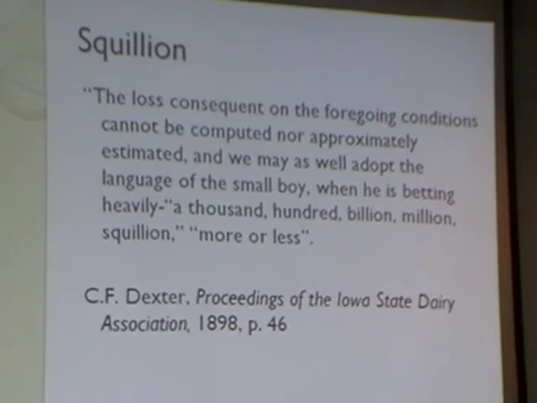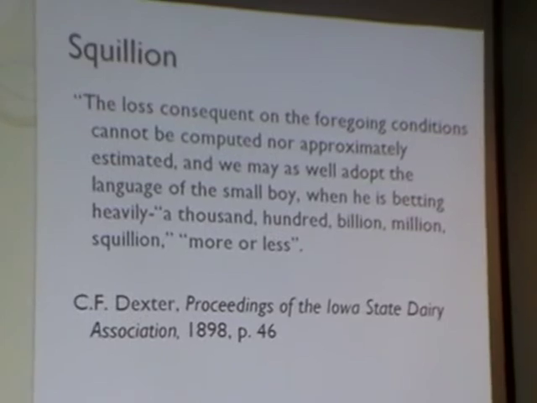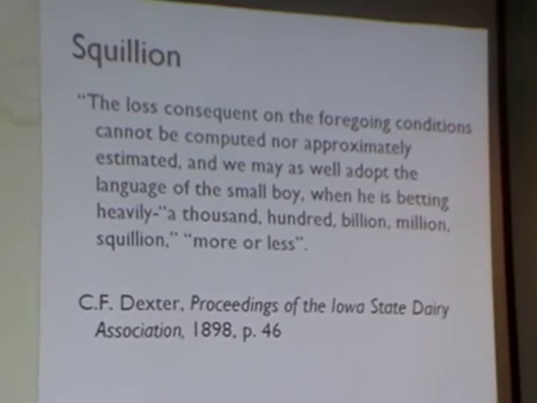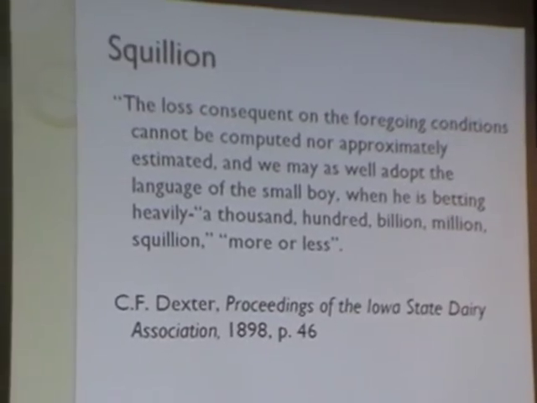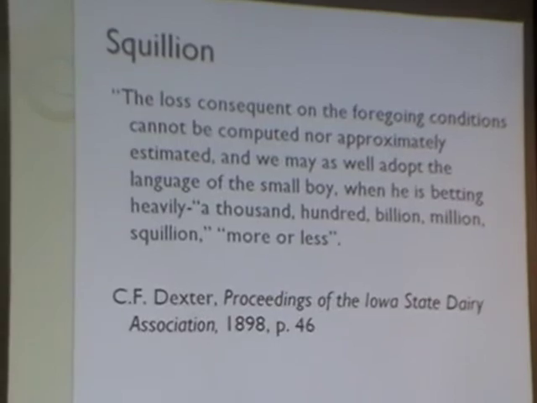And from 1878, the first instance, to 1913, squillion is the only indefinite hyperbolic numeral of the major class. So I have 10 or 12 of these. They all say squillion. And all of them, adults are writing in emulation of children's speech.